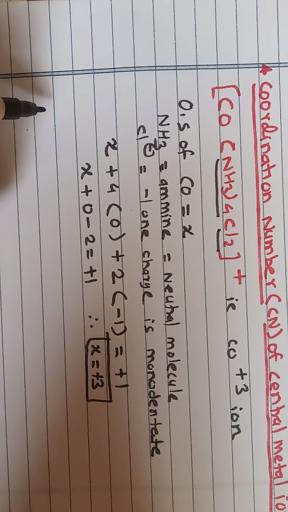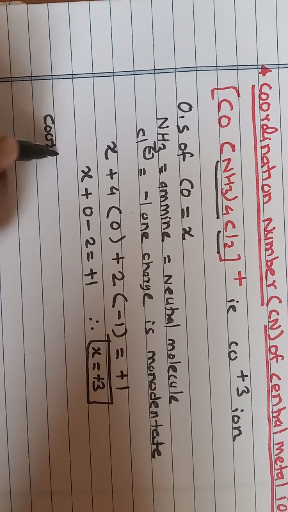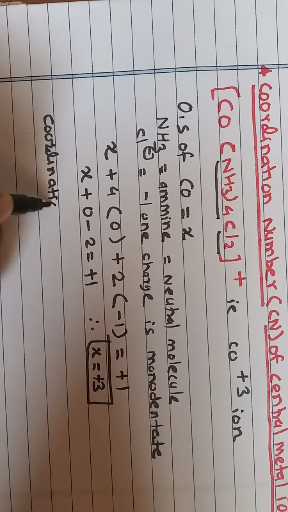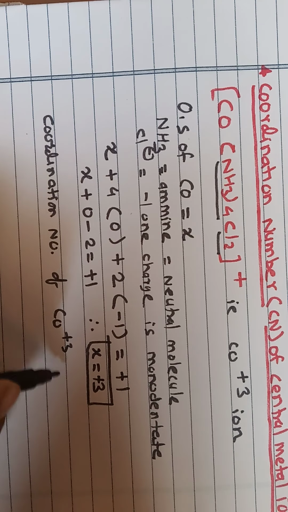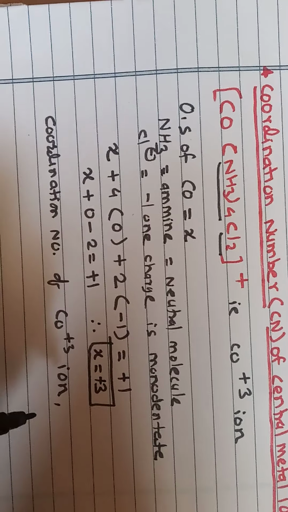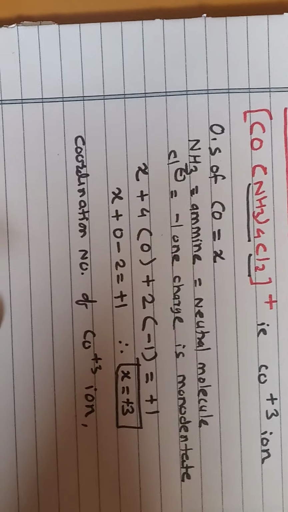In order to find out the coordination number of cobalt +3 ion, we must know the total number of donor atoms in this complex.